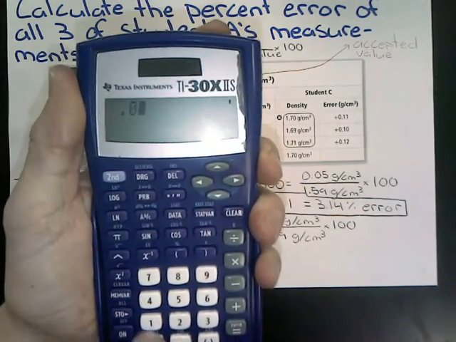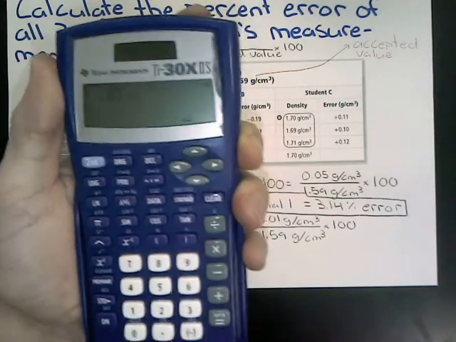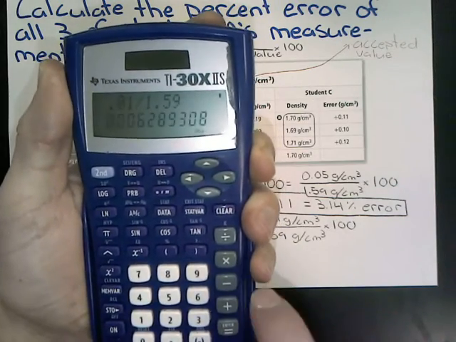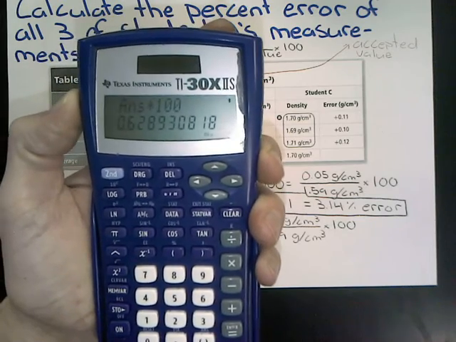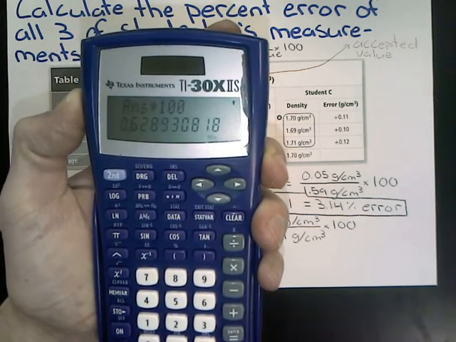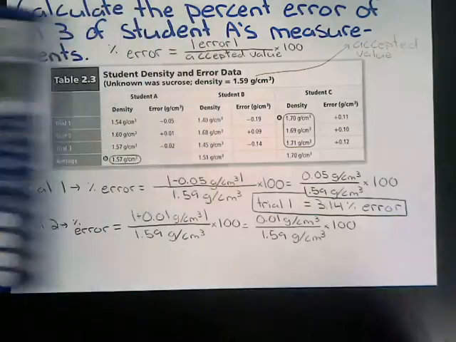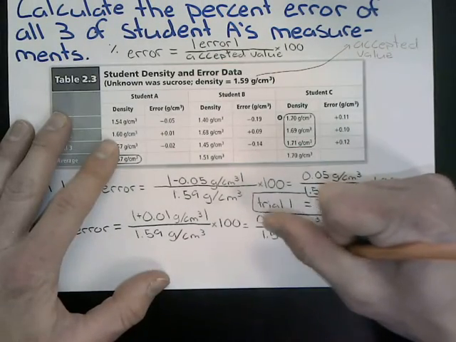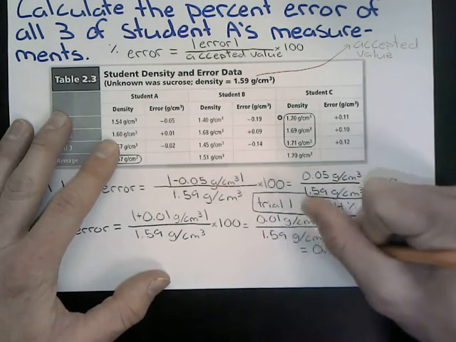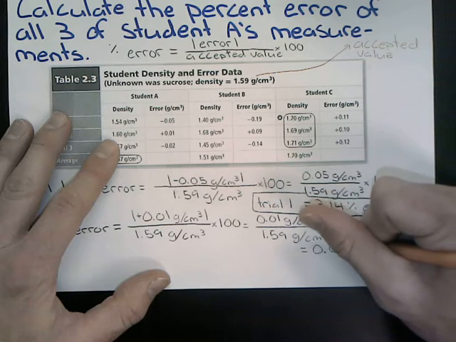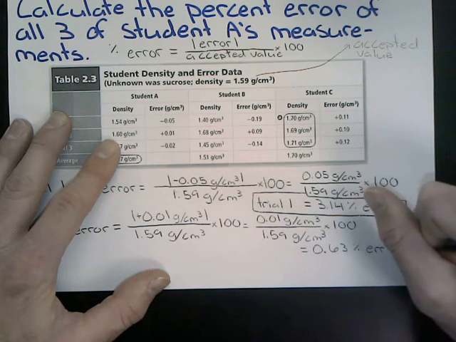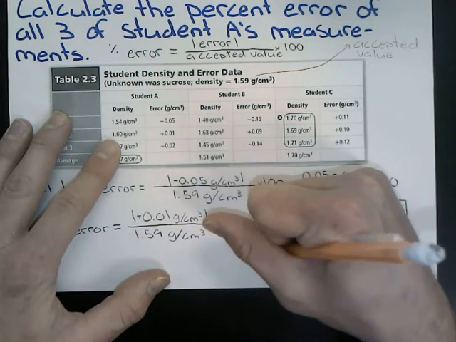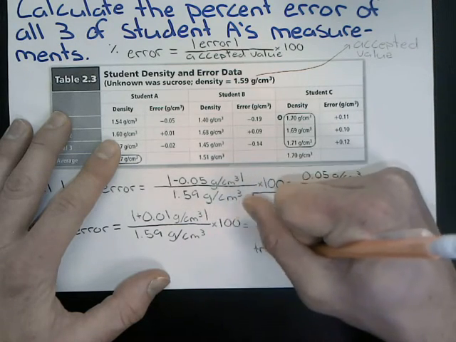So we put in 0.01 divided by 1.59 times 100. To 3 total digits there, we would get 0.63. So the percent error for trial 2 is 0.63% error. And again, that was for trial 2.